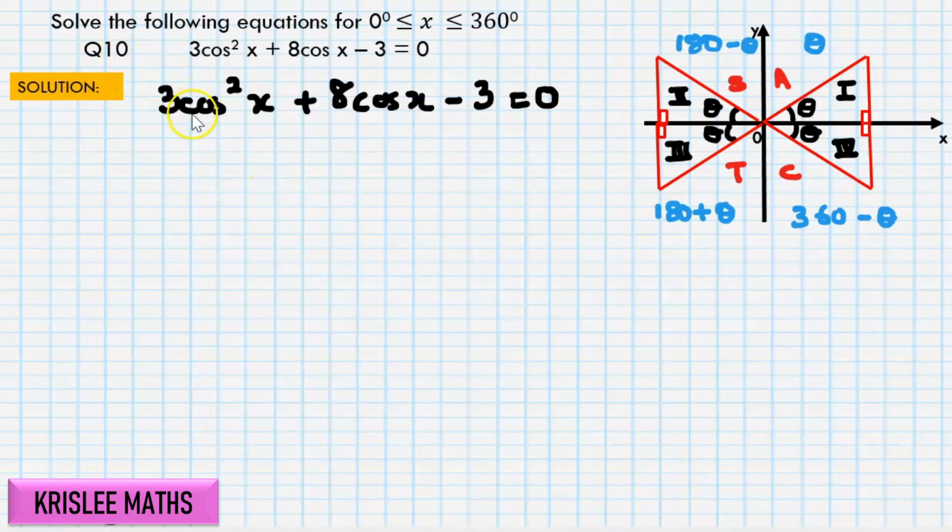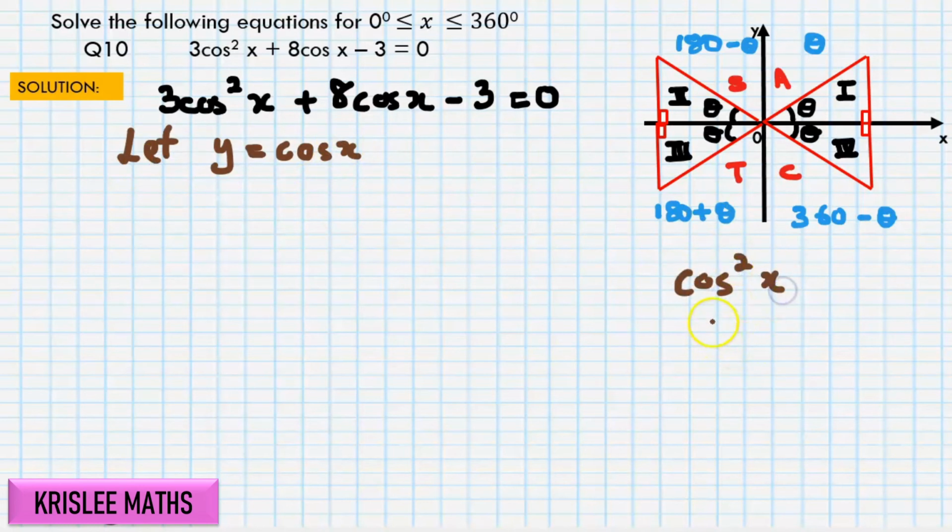Question 10. You are given a quadratic equation involving a trigonometric function. So here I am going to let y as cos x. Now remember, cos square x equals cos x, the whole thing you square.